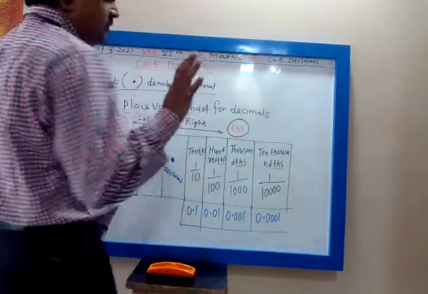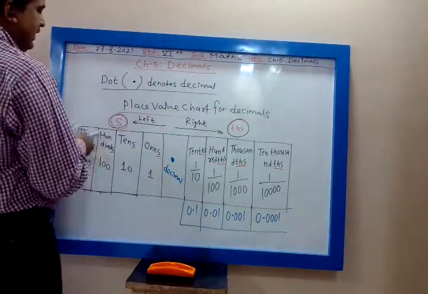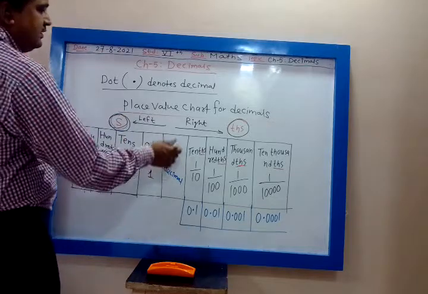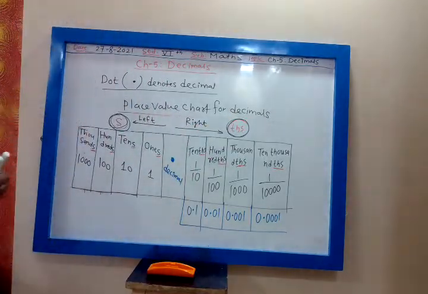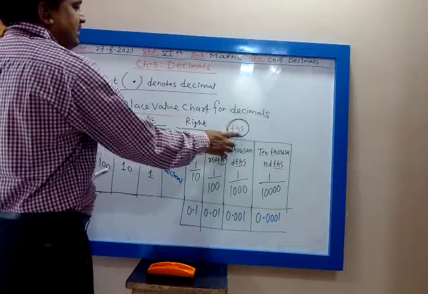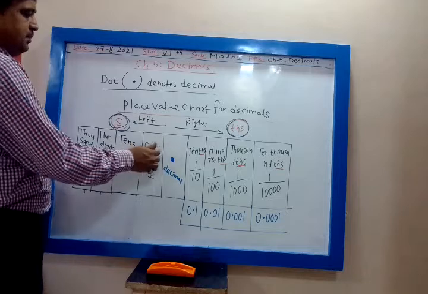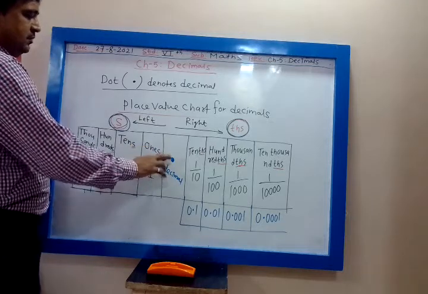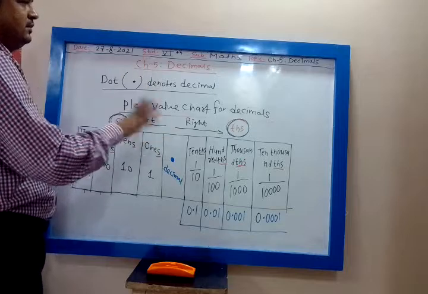So two things you remember: before decimal we use the suffix S, after decimal we use the suffix THS. That's all. And before decimal the place value starts from 1, but after decimal the place value starts from 1 upon 10, 1 upon 100.